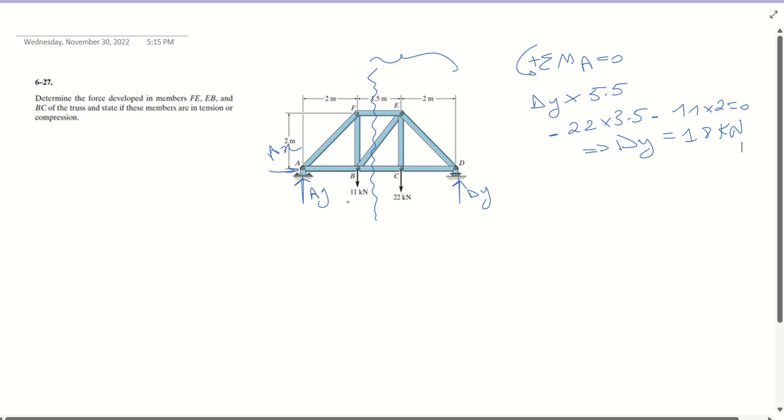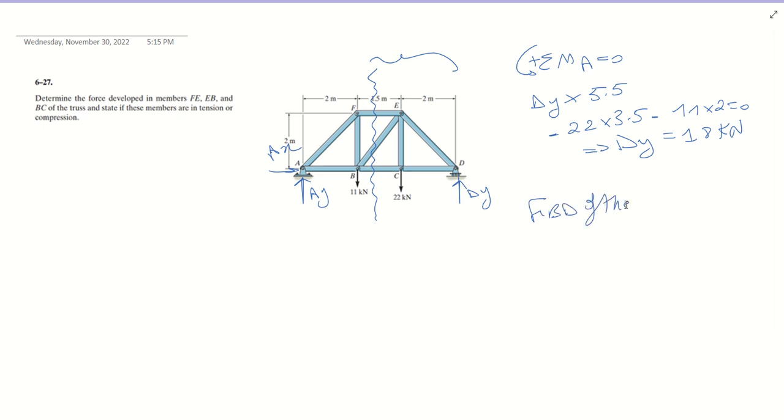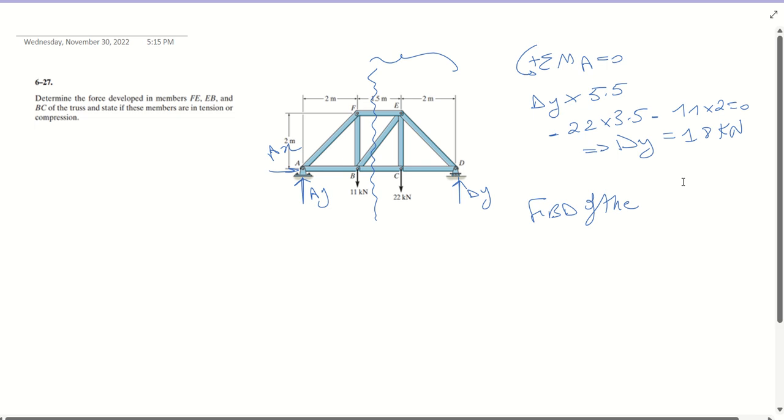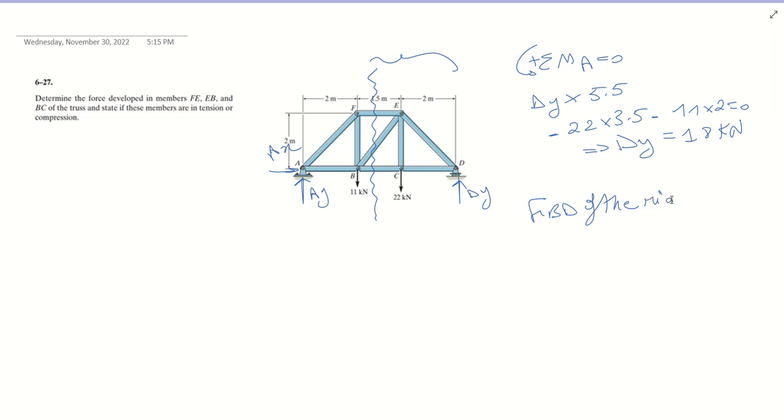Next step is to draw the free body diagram of the section that you selected. In this case, it's the right section. So here I have these members. I have here Dy is equal to 18 kilonewton.